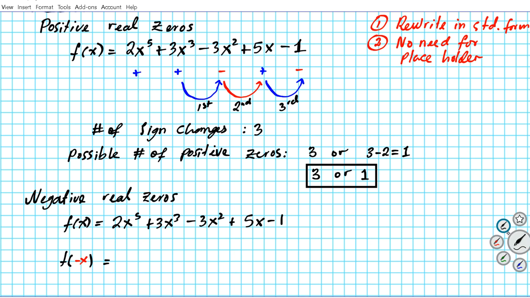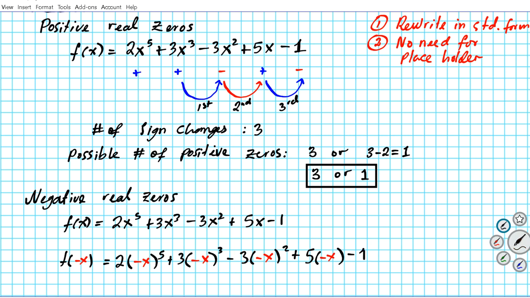So it's going to be 2 times negative x to the 5th plus 3 times negative x to the 3rd minus 3 times negative x squared plus 5 times negative x minus 1.